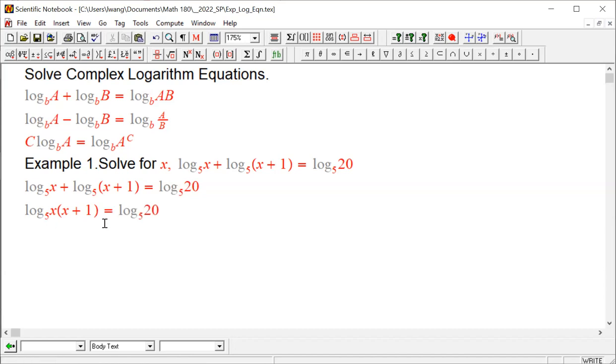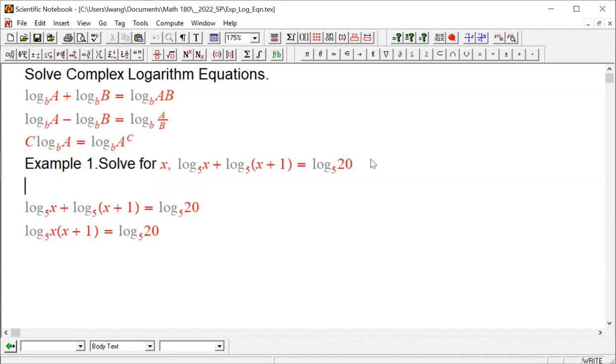Then, because log base 5 is a one-to-one function, let me think out loud. We're still just working this out on the scratch paper.